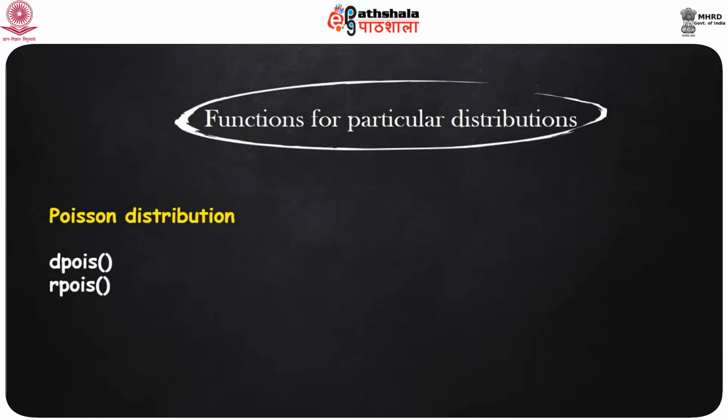The rpois function helps us to draw random numbers from the Poisson distribution. The ppois function, as we know, will help us to find the cumulative distribution function for a Poisson distribution, and the qpois function is the quantile function corresponding to the Poisson distribution. A similar thing will hold for the binomial distribution as well, as we can understand.